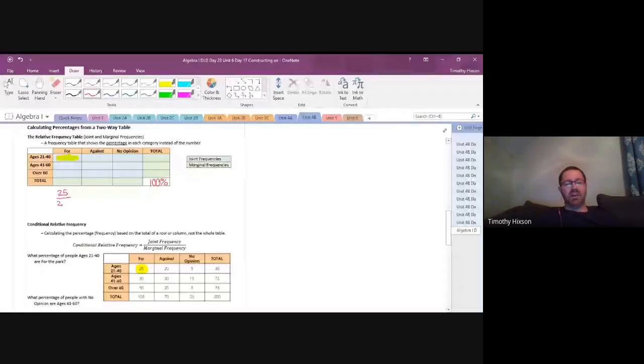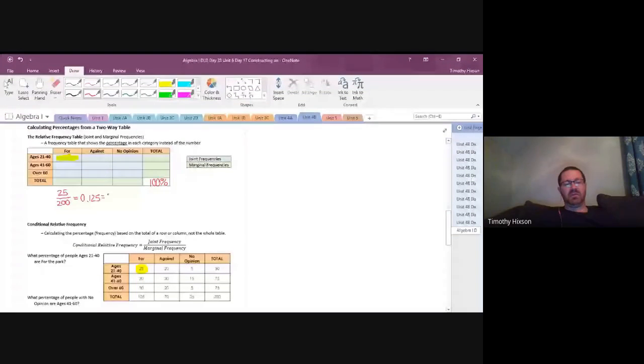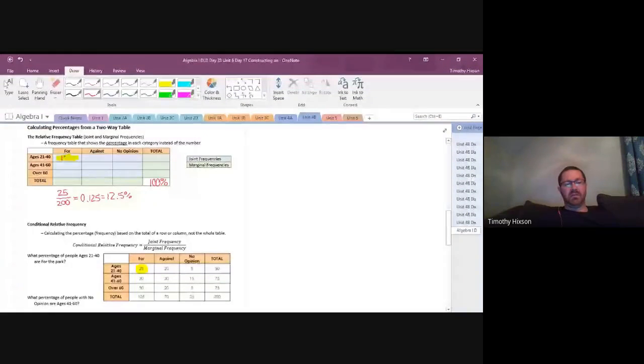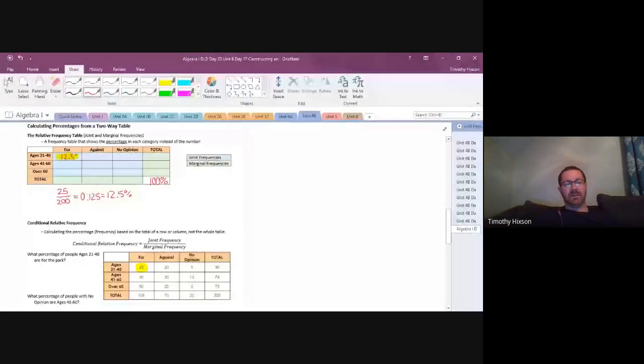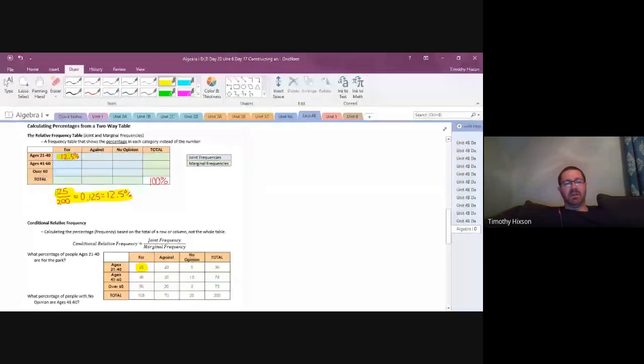All of these we are going to divide by 200. If you do that, you get 0.125, which is 12.5%. So right here is 12.5%.